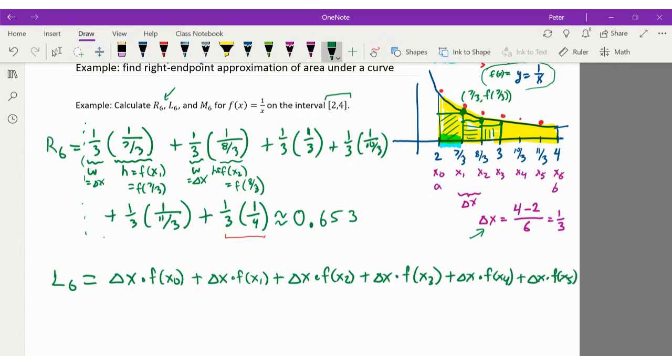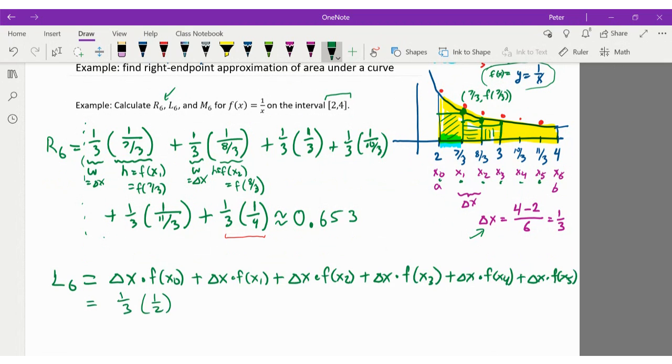So in other words, I'm picking only these six numbers, but I'm omitting the right endpoint. And some of you, by the way, may have observed that I could just pull out the delta x and put parentheses around everything else. We will do that a little bit later. But for now, I'm just writing it out the long way.